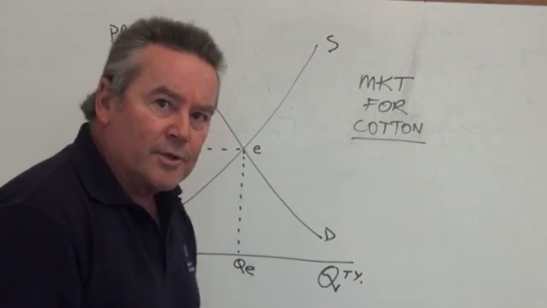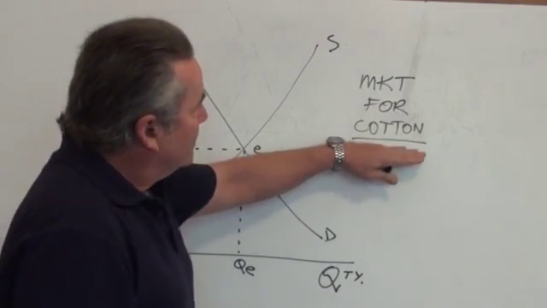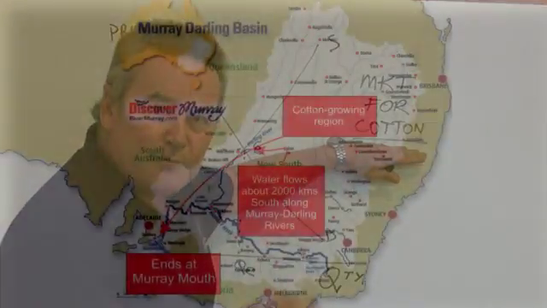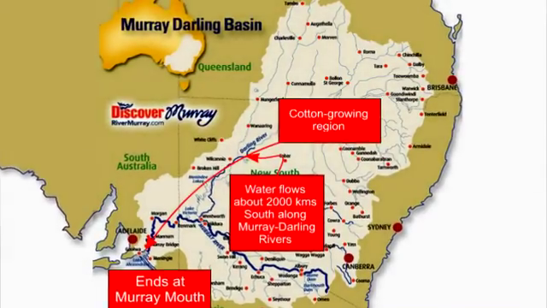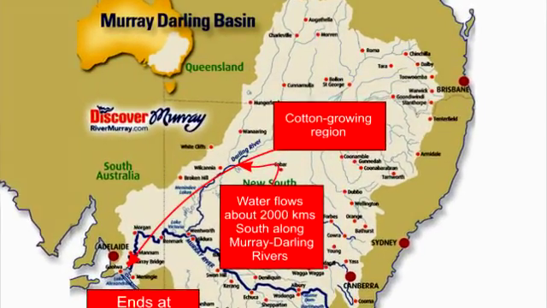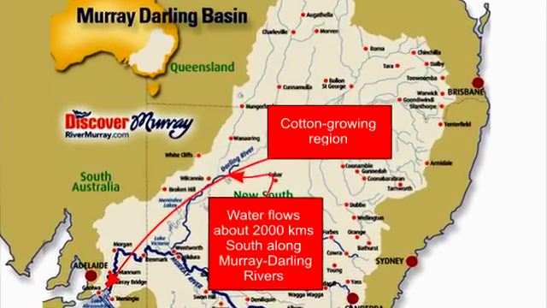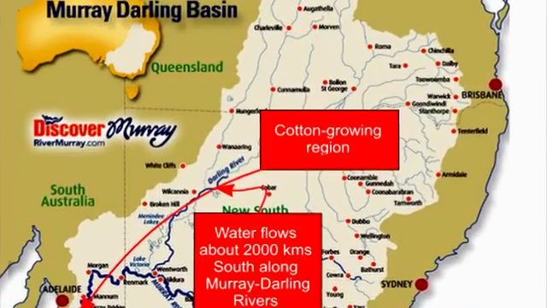What I'm suggesting here is this. The production of this particular commodity requires a lot of water. So much water is taken out of the upper reaches of the Murray-Darling system.